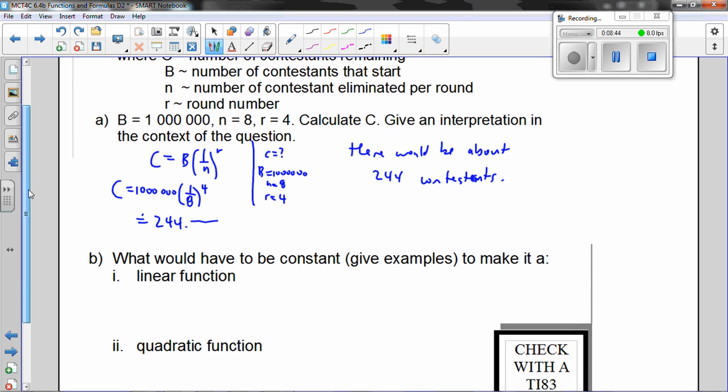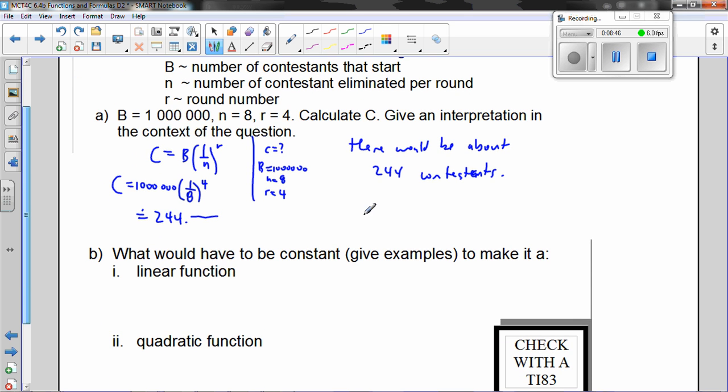What would have to be constant to make it a linear function? The idea of the linear function is we don't want any weird stuff going on. We just want y equals mx. Well, the same trick as the compound interest formula: if all of these are constants, then B can be our unknown.